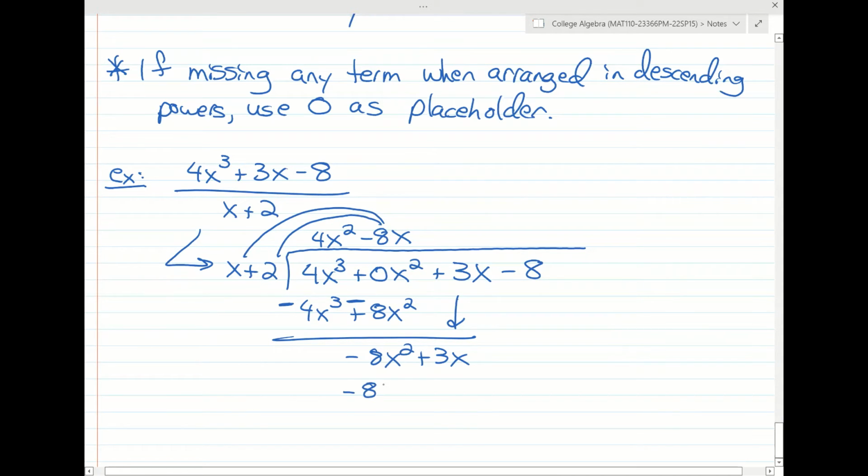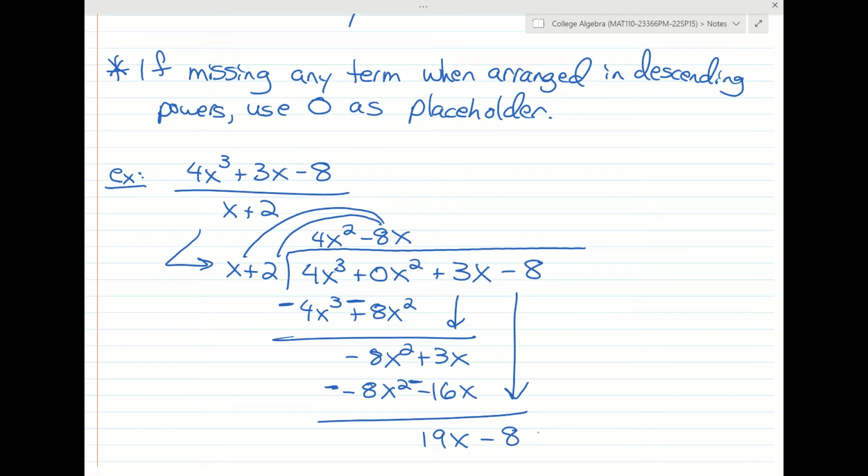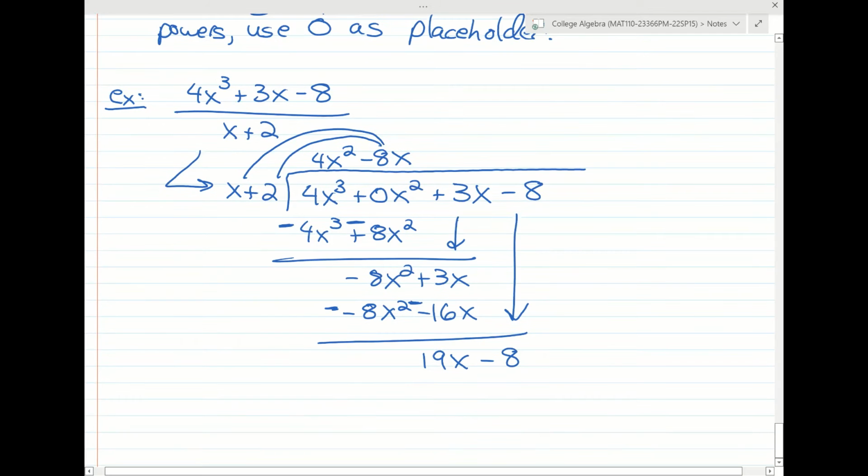So this would be negative 8x squared minus 16x. But we have to subtract those. So we're subtracting a negative, subtracting a negative. Negative 8 minus negative 8 is just 0. 3 minus negative 16 is 19x. Bring down the negative 8. And then x times what is 19?